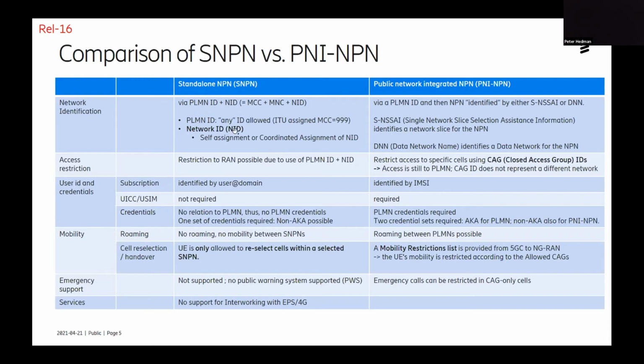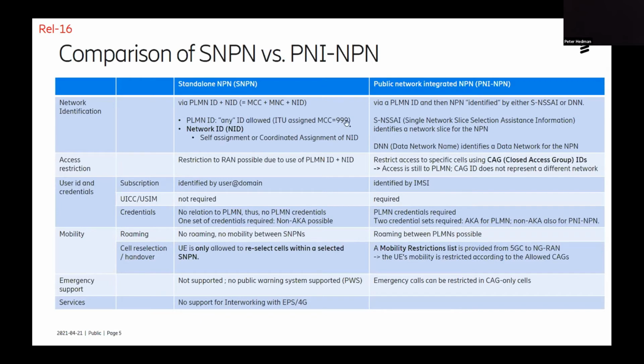So we added a network ID in addition to the commonly known PLMN identity. This will give a large opportunity to address the standalone non-public networks. And any combination is possible, quite flexible.